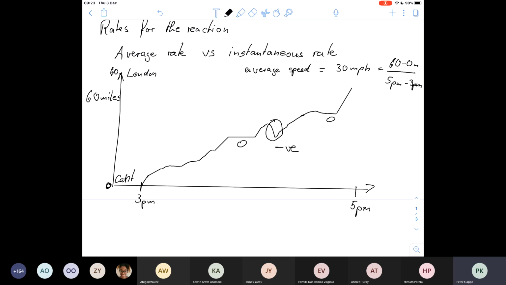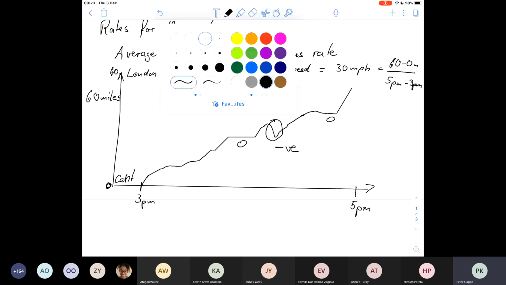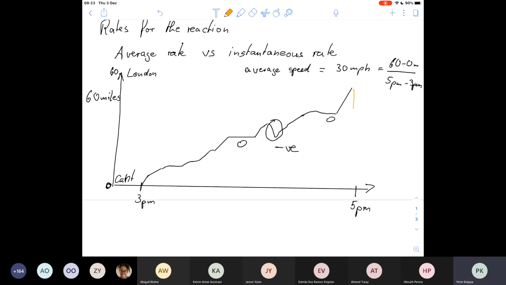And what we can do now is, while we have the average rate, and I indicate that simply with this here. So for the average rate, we just take the distance divided by the time span. That was our average rate.